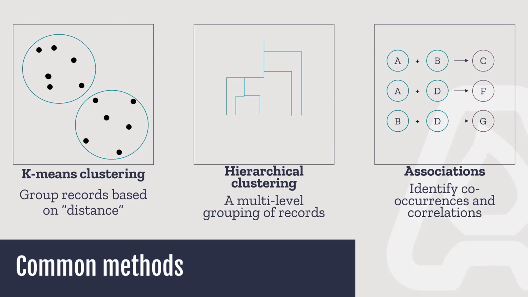And then the other area is associations. So this is the beer and diapers Walmart type of situation, or the recommendation engine that tells you what to watch on Netflix.